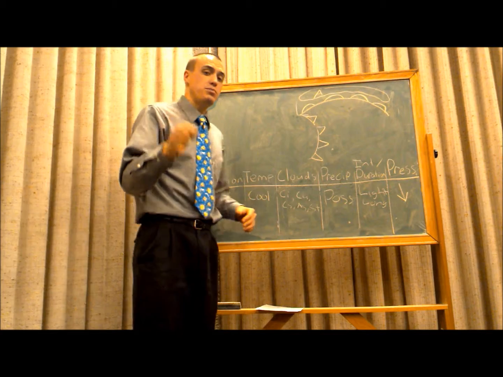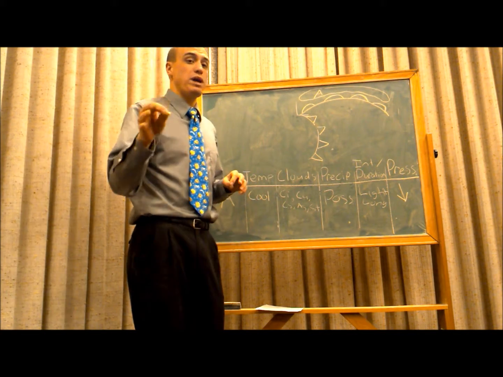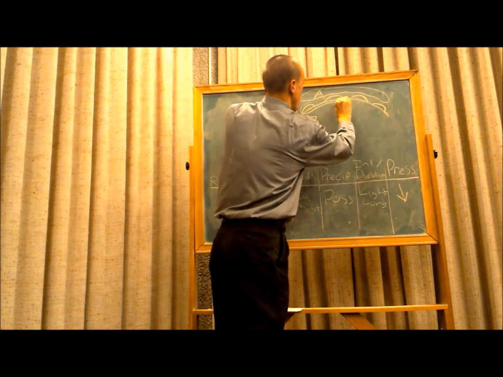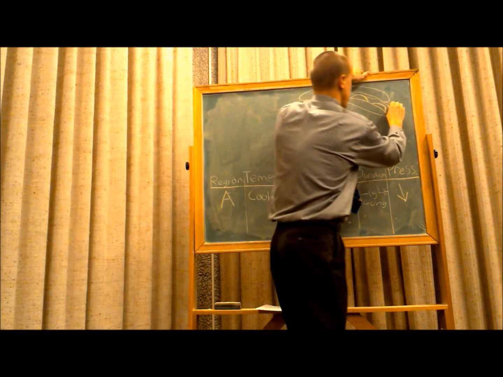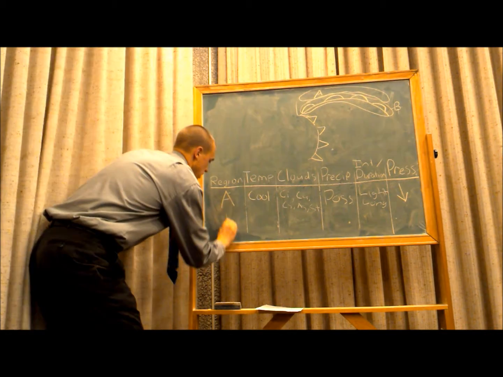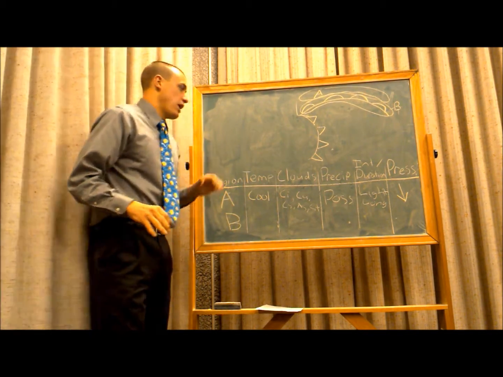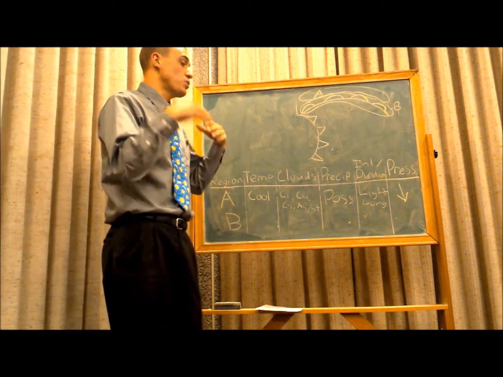Now, Section B of the geography of the mid-latitude cyclone is right on the warm front. So we're going to draw our section here. And this is Section B, okay? So I'm going to label that Section B. Now the temperature of Section B is warm.